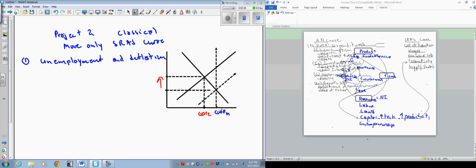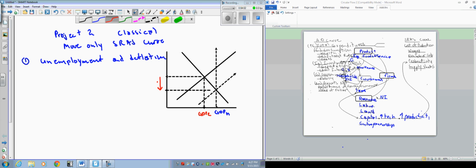You will get yourself to GDP natural. Your price level goes down when you move the SRAS curve to the right. So it's going to be counterproductive in solving this problem.